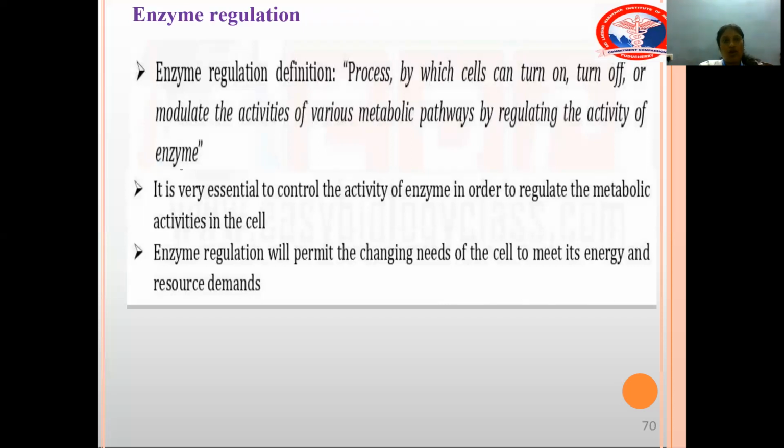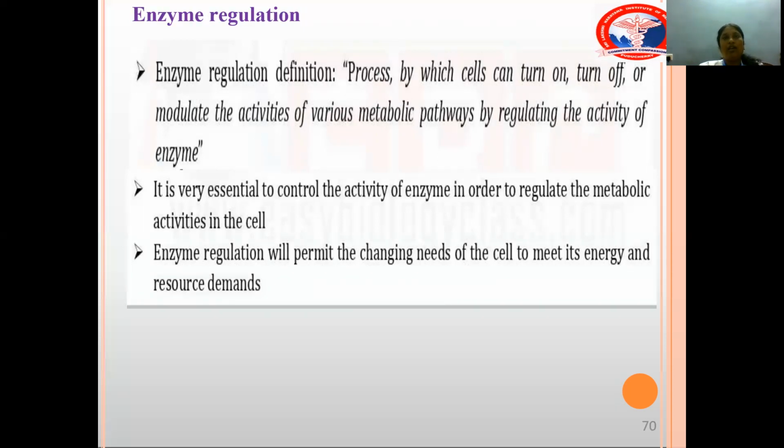Next, we'll move on to enzyme regulation. What is the definition of enzyme regulation? It is a process by which the cell can turn on, turn off or modulate the activity of various metabolic pathways by regulating the activity of enzymes. That is, we don't want anabolic and catabolic pathways occurring at the same time.